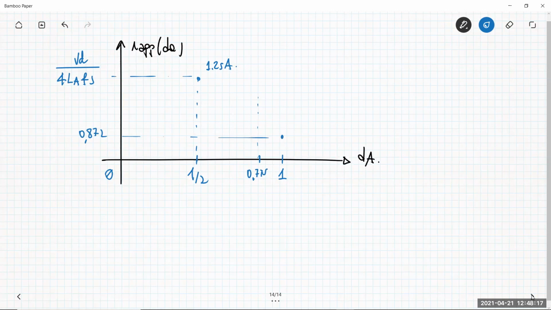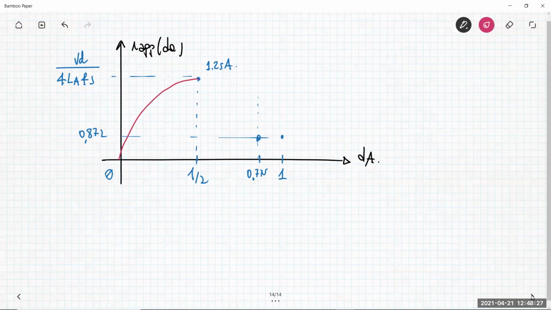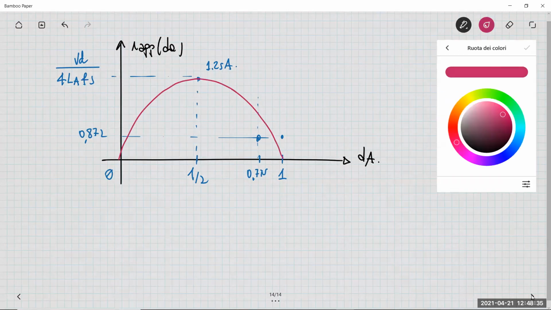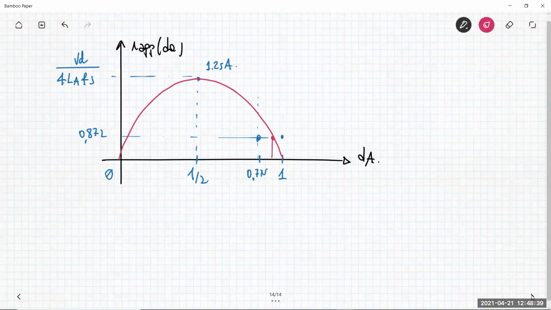If you try to have all the points, it's easy to understand that this curve looks something like this. The drawing is not perfect, let me put this at 0.75, something like this. So this is what happens.